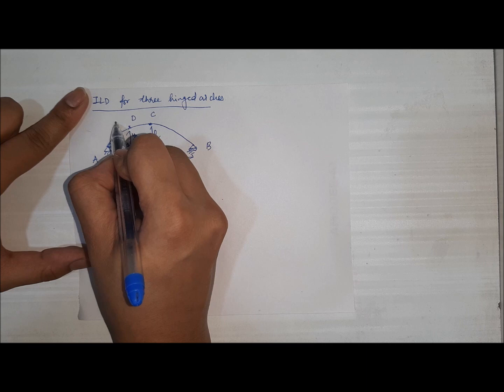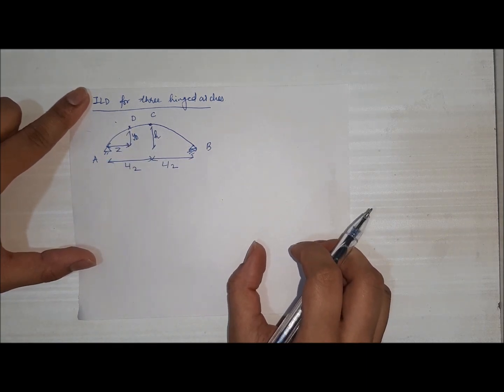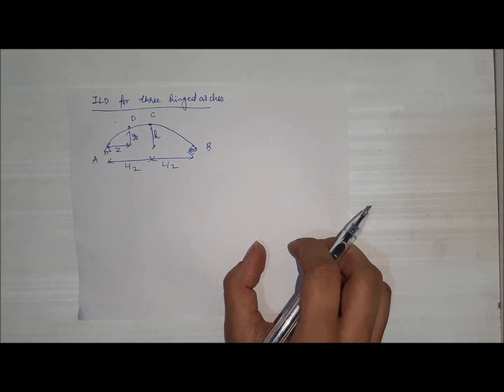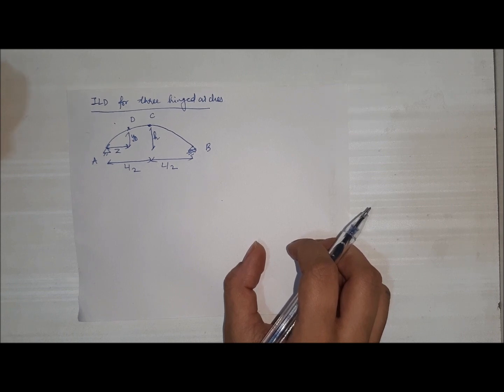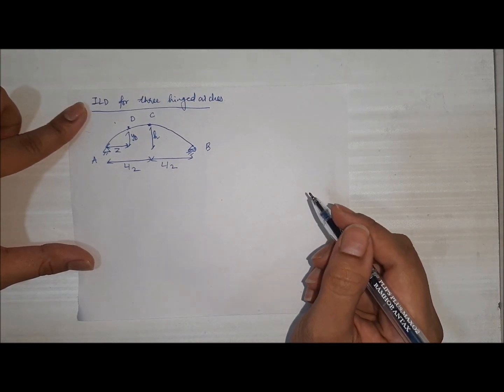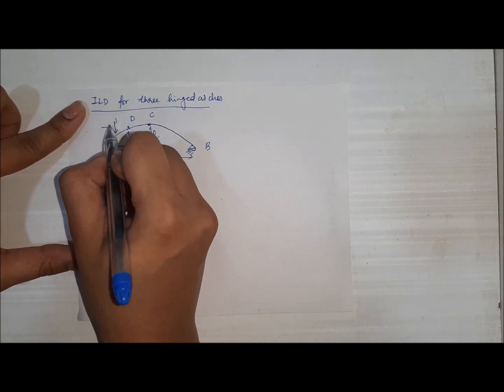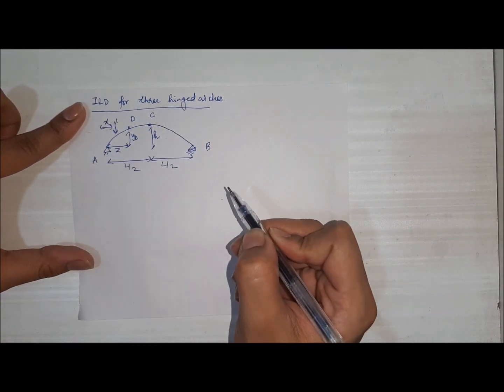Now while plotting the ILDs, basically what we do is we assume that a unit load is traveling over the arch. In the last videos, we have seen plotting the ILDs, and I haven't used a unit load. I've directly given you the concept for that. But in this, we have to use the unit load. We have a unit load at a distance x from the hinged end.